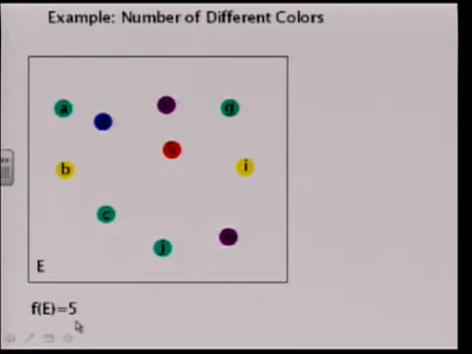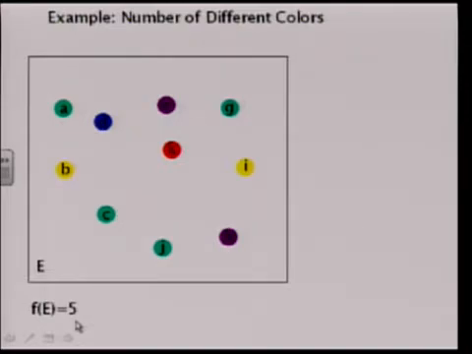You need to use your intuition and some kind of inductive principle. Intuitively, if you already have a bigger set, then the number of colors is probably already large. You add a new one, the chance that it has a new color will be small, right? Compared with when you have a smaller set.